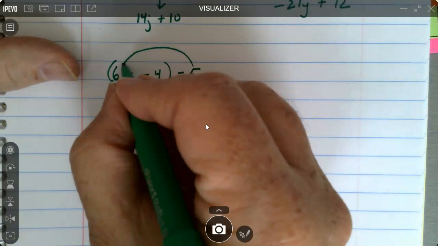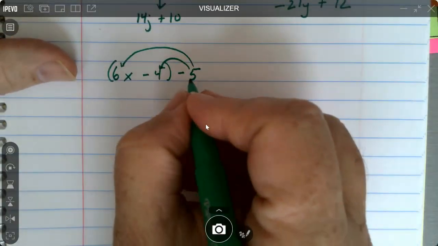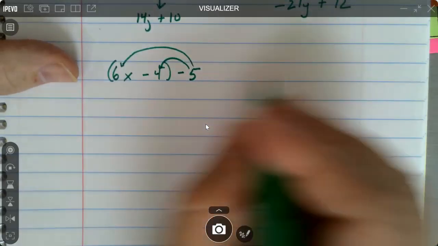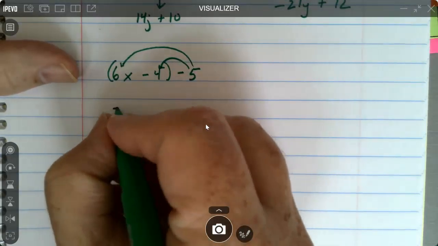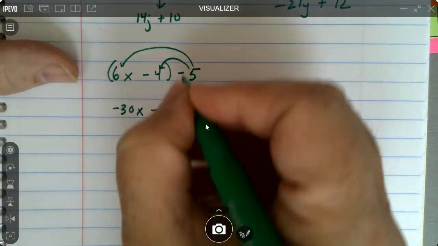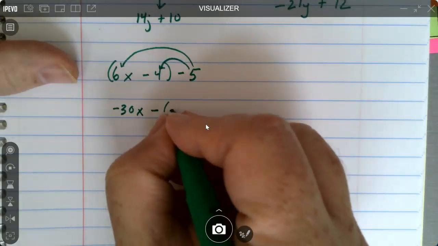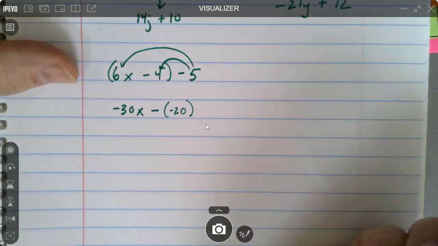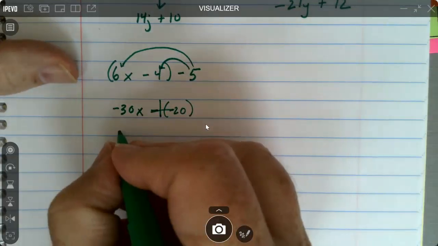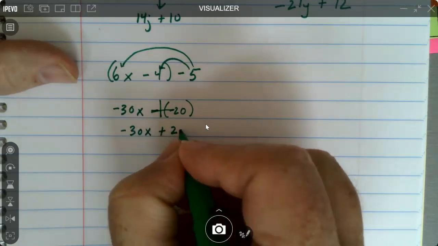So arrow, arrow, negative 5 times 6x, one negative sign, so negative 30x, drop the minus, negative 5 and 4, negative 20, big plus it, so we end up with negative 30x plus 20.